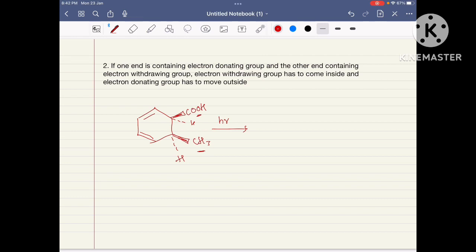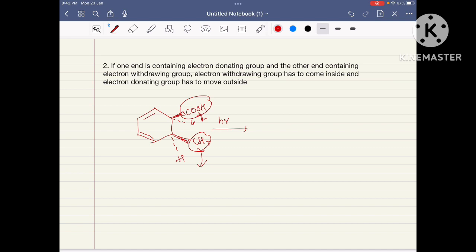Whatever the selection rule says, that selection rule is not applicable here in this case. This group should come inside and this group should go outside, even though the selection rule is telling the reverse. That will be silenced here. The rule is that the electron withdrawing group should come inside and the electron donating group should go outside.